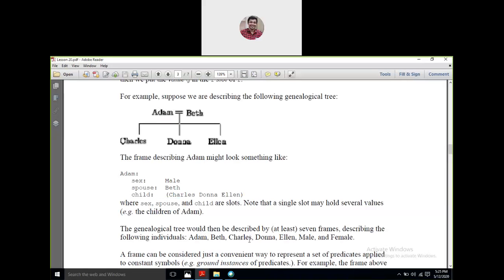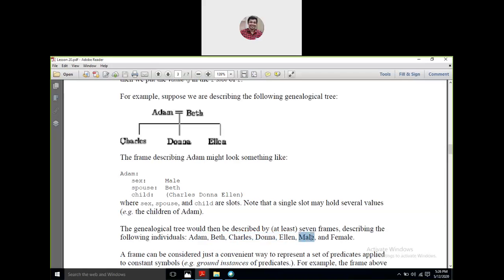The minimum number of slots that are needed will be for Adam, for Beth, 1, 2, 3, 4, 5, and male and female. See, Adam, his wife, his 3 children, right? The 1, 2, 3, 4, 5, and further subclasses that can ever hold for these 5 are, sorry, superclass, are male as well as female, right?